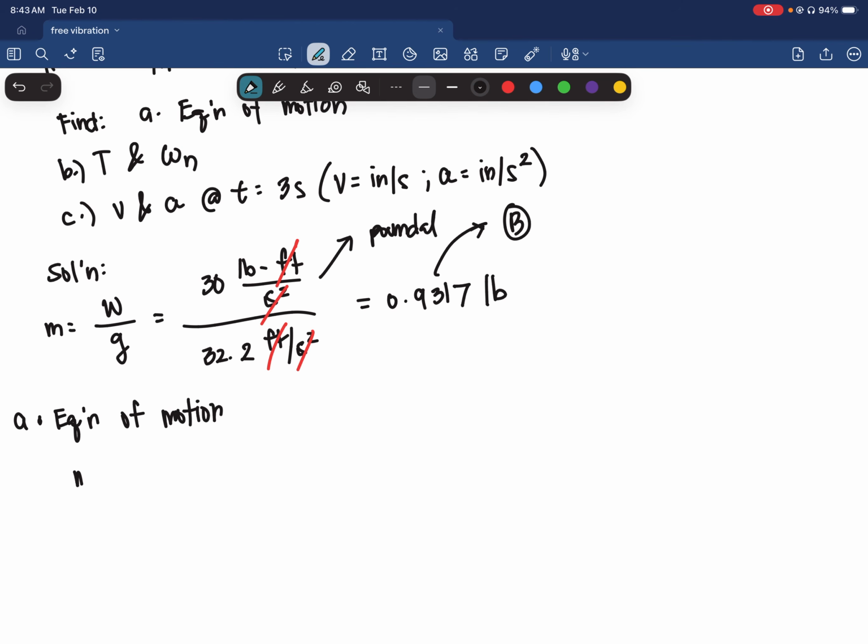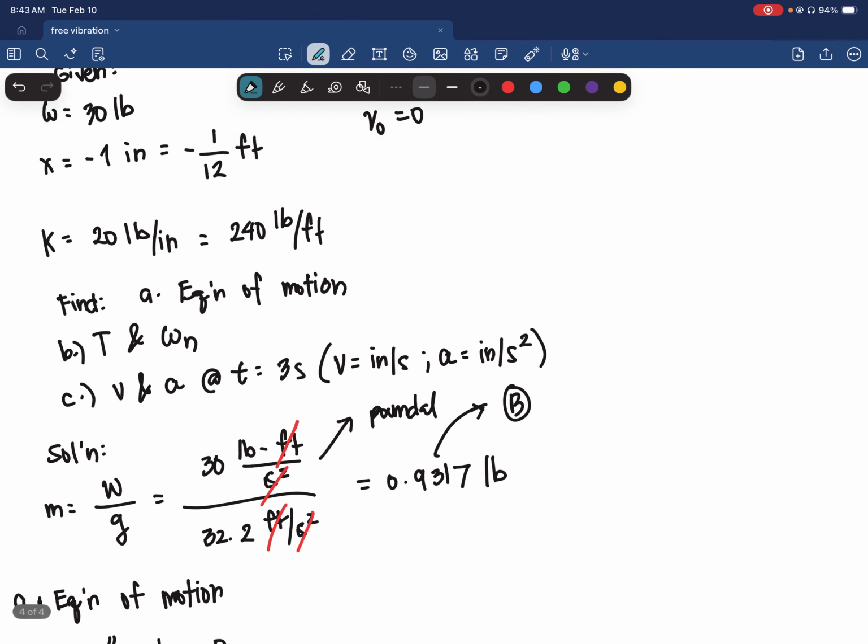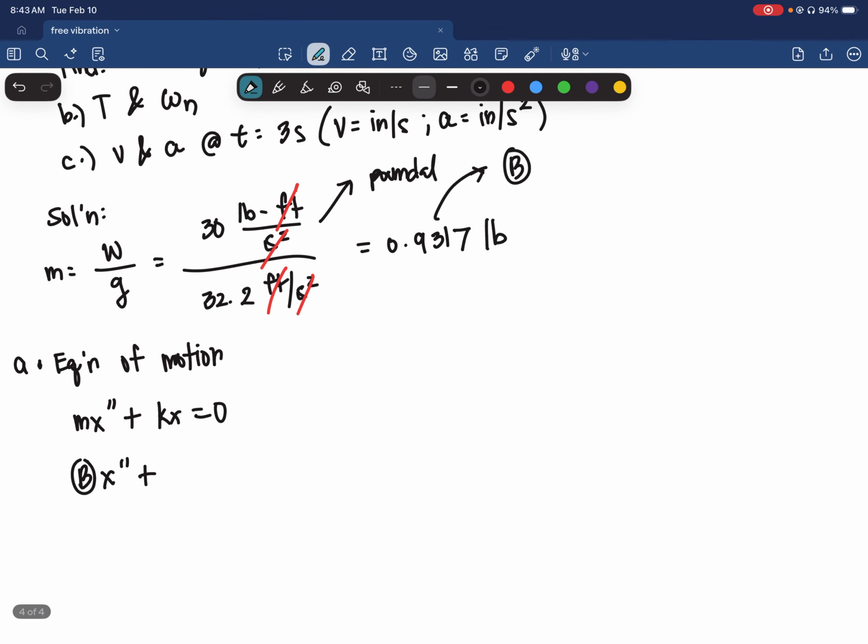So, we have m x double prime plus kx equals 0. This is our differential equation. And our mass is stored in B. x double prime plus our spring constant, which we convert into 240, x equals 0.